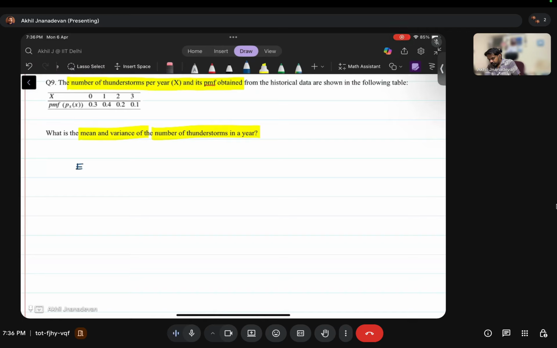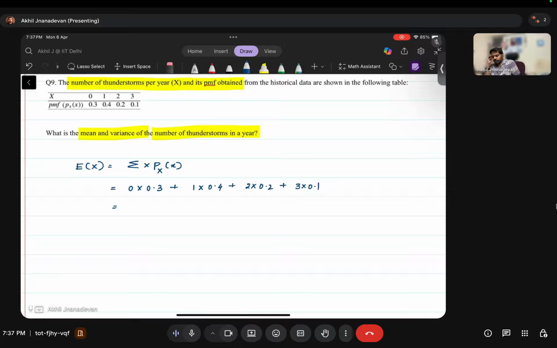So the expectation of X is given by the summation of x times P of x. That will be 0 into 0.3 plus 1 into 0.4 plus 2 into 0.2 plus 3 into 0.1.